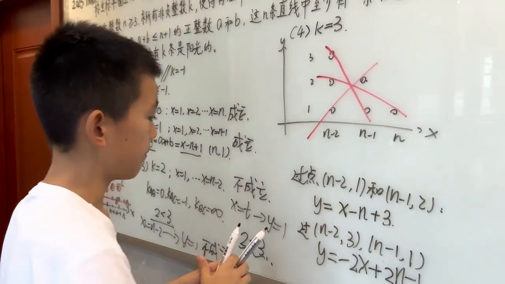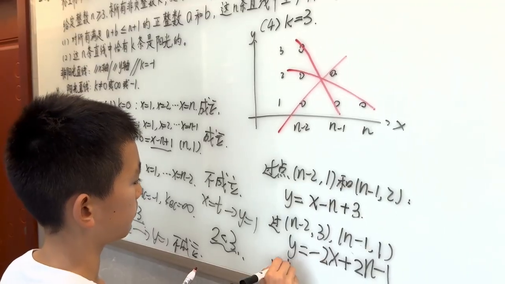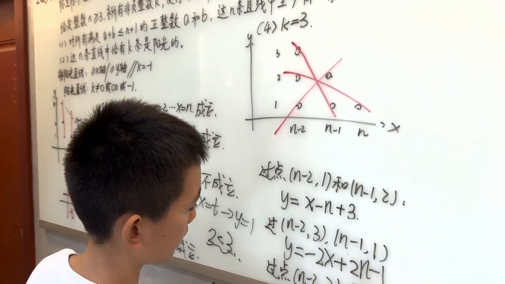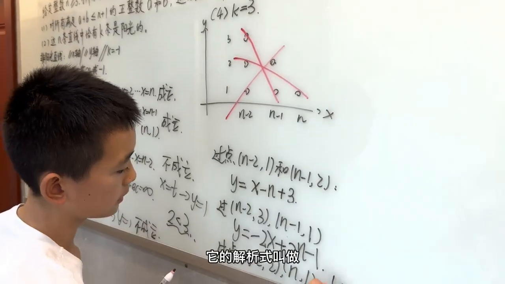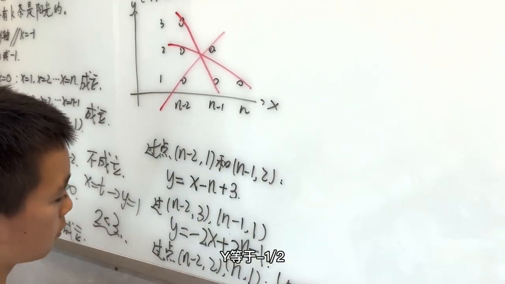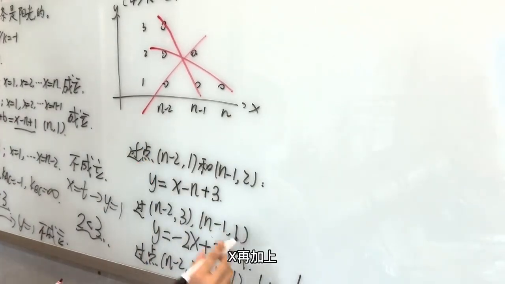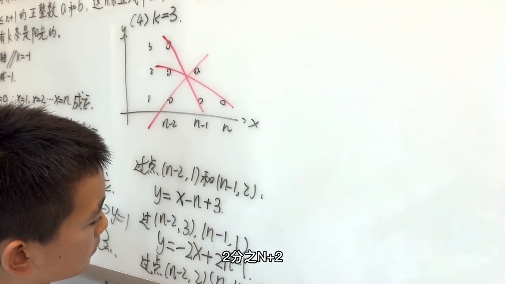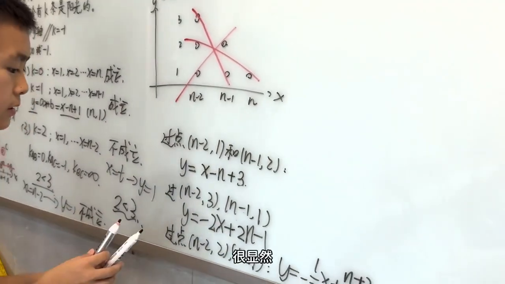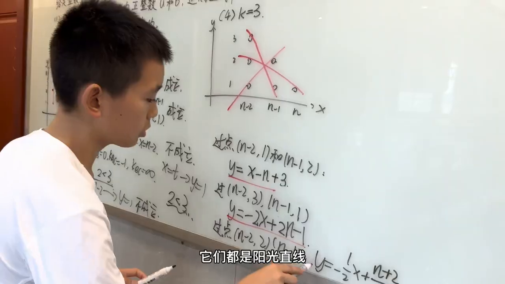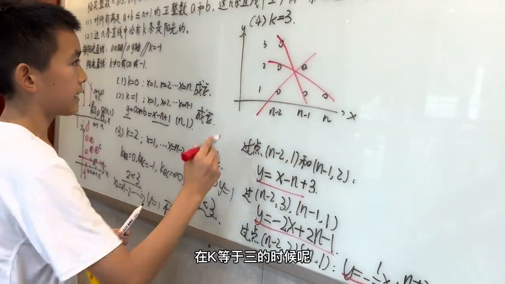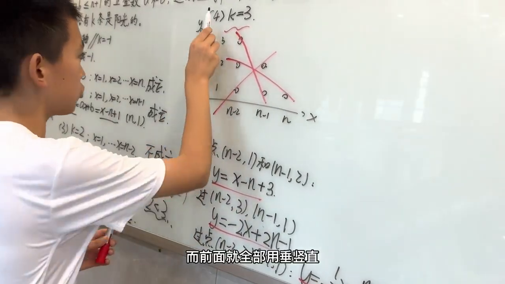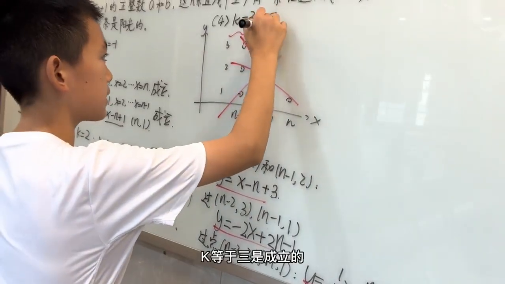It passes through the points n-2 and n and 1. What is its equation? Its solution is y equals minus 1/2 x plus n over 2 plus 2. Obviously, our 3 straight lines are all sunshine straight lines, that is to say, when k is equal to 3, we can give a similar structure, and the front is all covered by these straight lines. k equal to 3 is true.